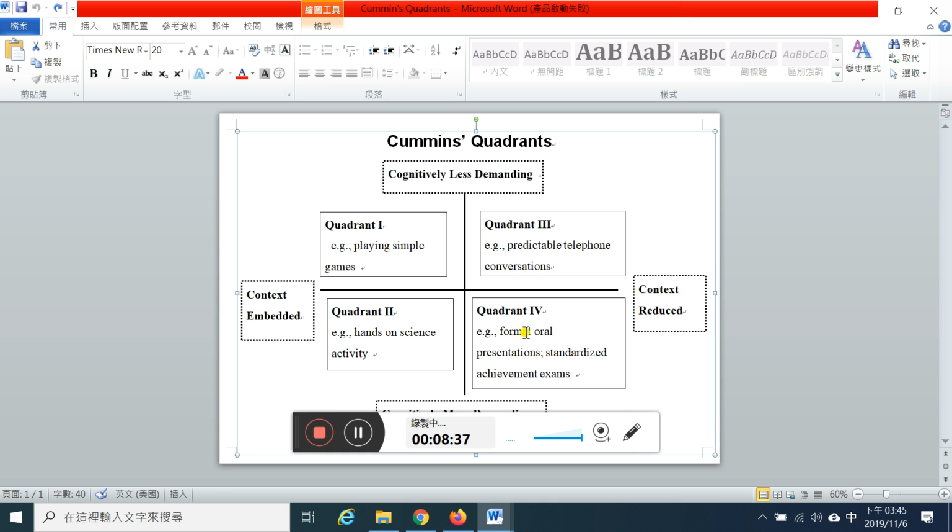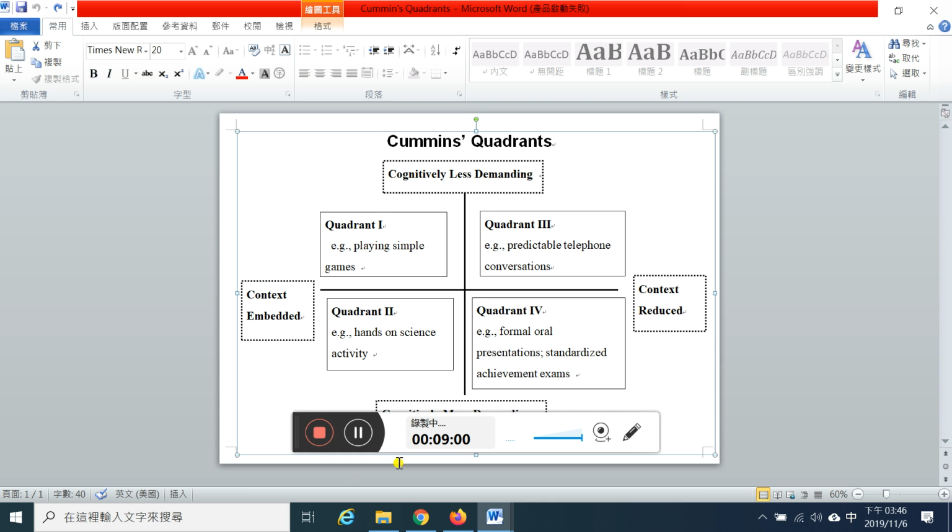And I request you to do oral presentations, to lead discussions, and I also have a midterm exam. So to you, that is the pressure, because it's with very abstract ideas and with less support. So you feel overwhelmed whenever the text is in Quadrant 4.